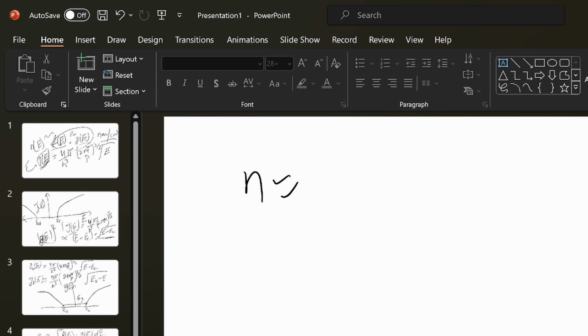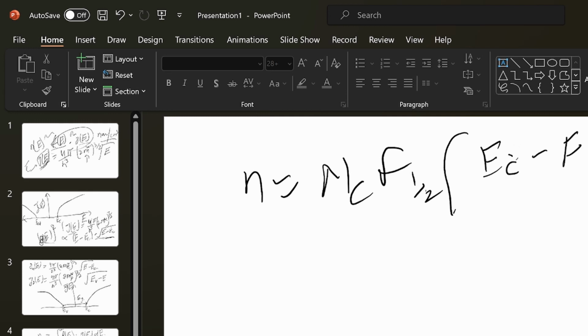So n is equal to NC into F1 by 2 into exponential of EF minus EC by kBT.